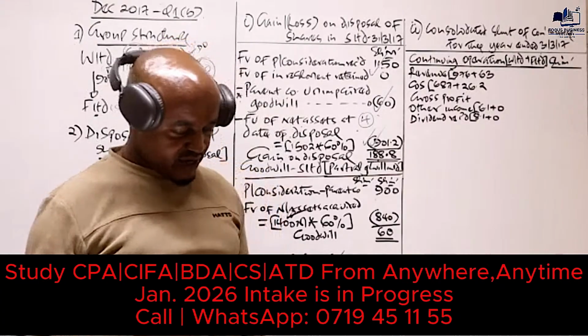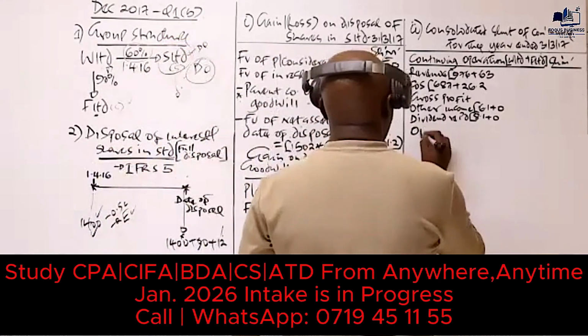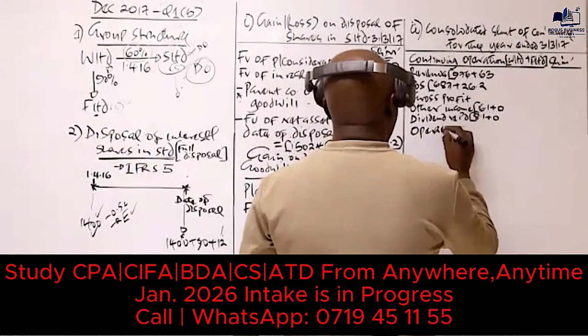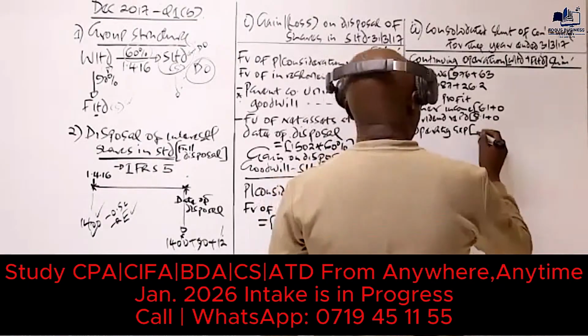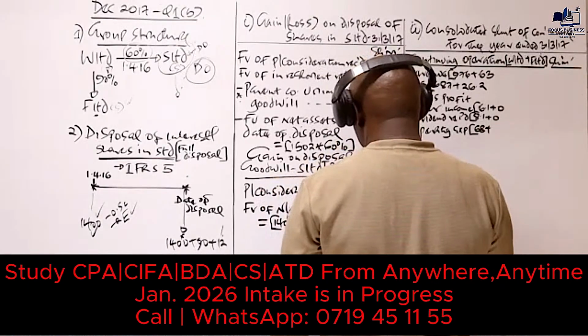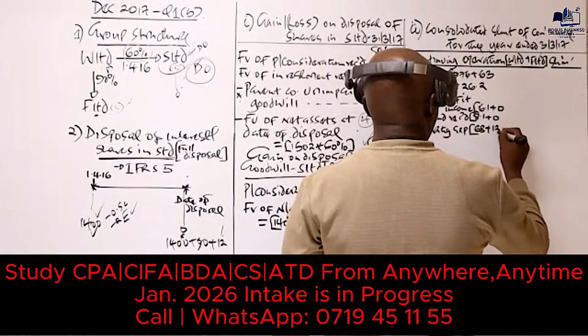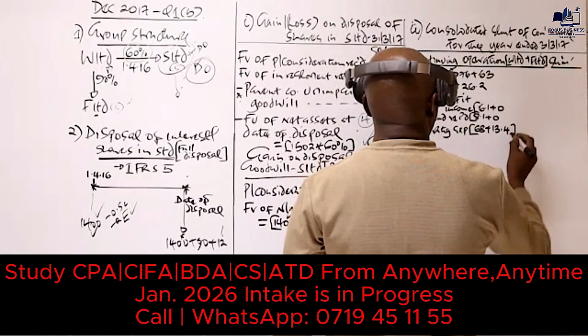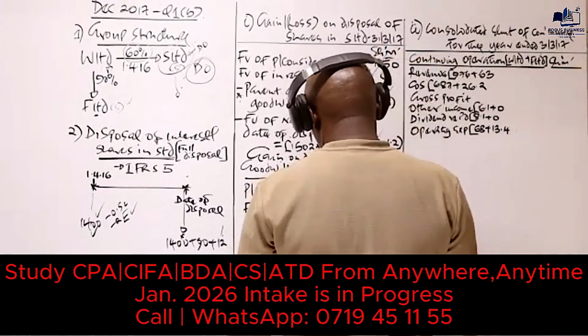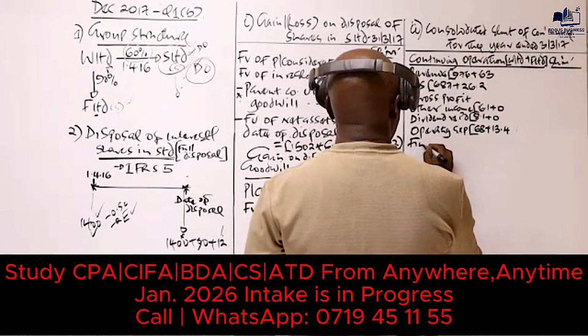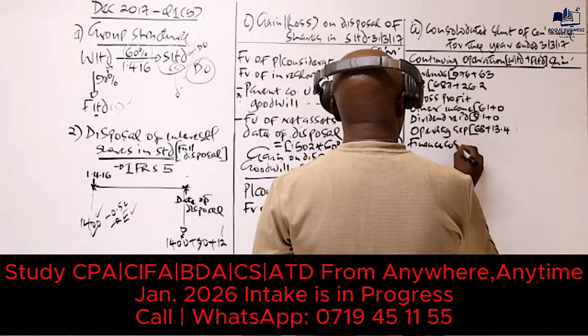Yes, so then from there we have the operating expenses. For the operating expenses, we take those of the parent, which is 68, plus those of F, which is basically 13.4. Okay, we need not cross the bracket. Then from there we have the finance cost.